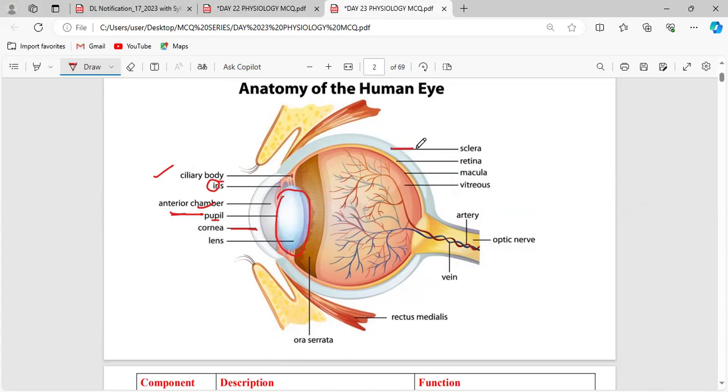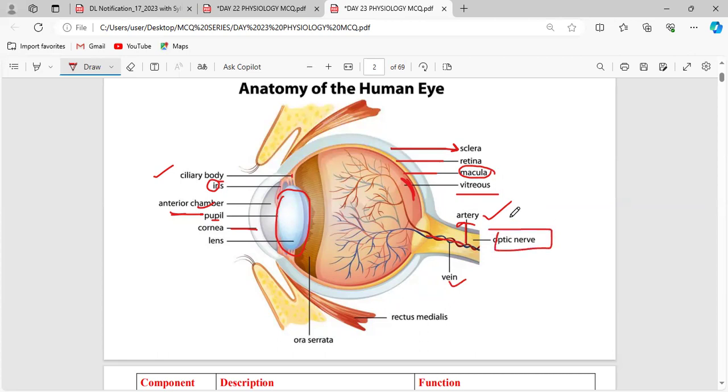Now, this is the sclera, the outer layer, the middle layer is the retina, and the inner layer is the macula. And this structure in red color is the vitreous humor. The eye has to be supplied with blood, which is carried through the artery and vein.